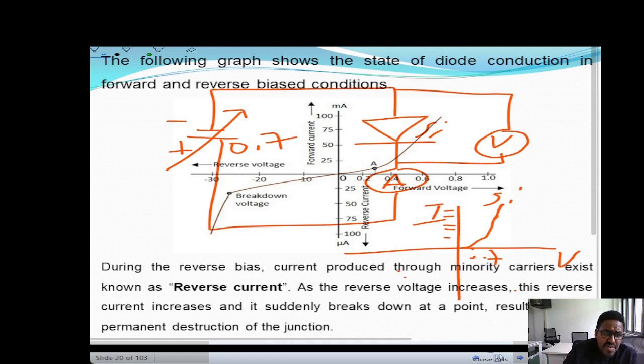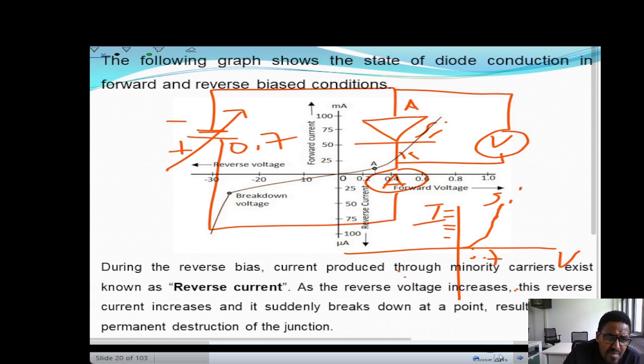During reverse bias, the current produced through minority carriers is known as reverse current. As the reverse voltage increases, this reverse current increases and it suddenly breaks down at a point, resulting in the permanent destruction of the junction. What does that mean? The negative terminal of the battery is connected with the anode side and the positive terminal of the battery is connected with the cathode side.